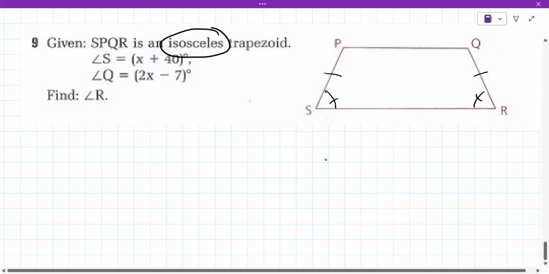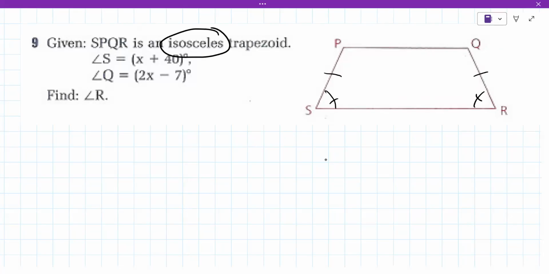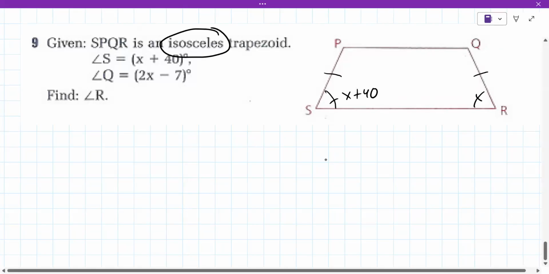Okay, so angle S is x plus 40, which means that angle R is also x plus 40. It also means that the other angles are congruent, so this is 2x minus 7 here and 2x minus 7 here.